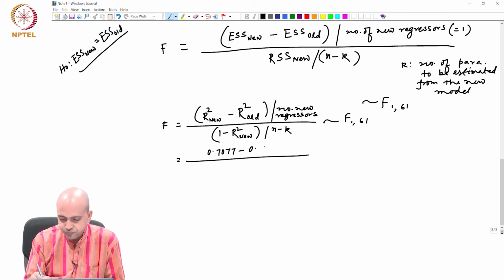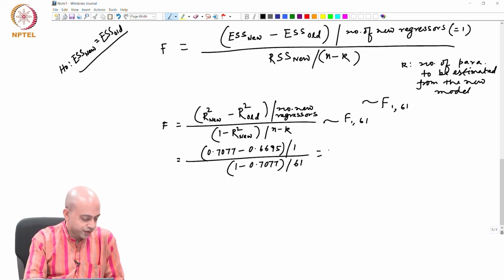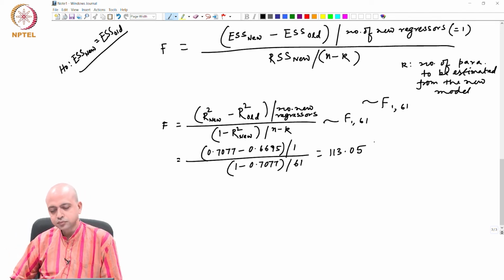So (0.7077 minus 0.6695) divided by 1, and then (1 minus 0.7077) divided by 61, which equals 113.05, and this is your calculated F value.